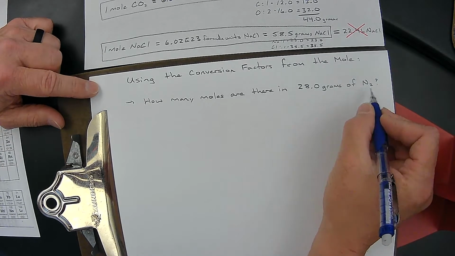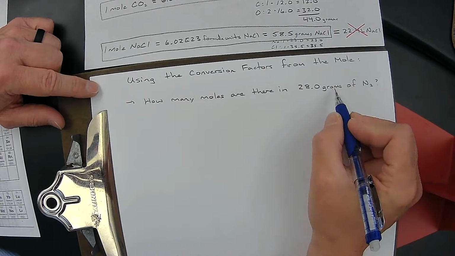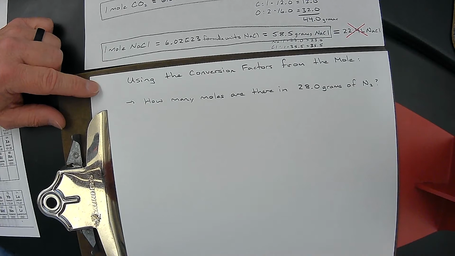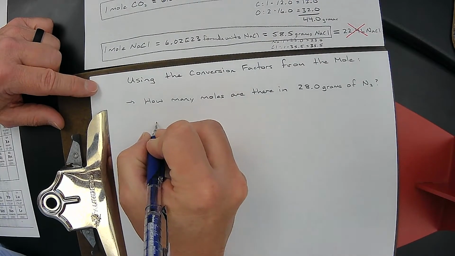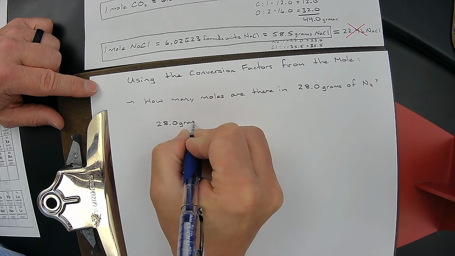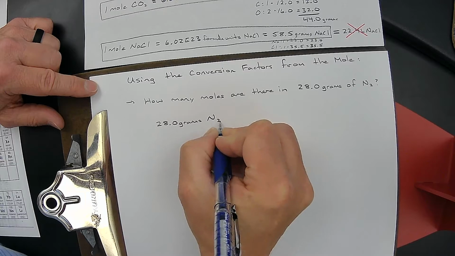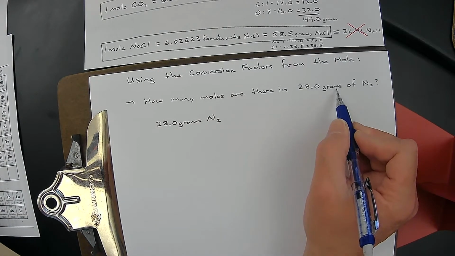So what we're going to do first in each of these problems is we're always going to write down the given information. So the given information in this case is 28.0 grams of N2. But we don't want our answer in grams of N2.